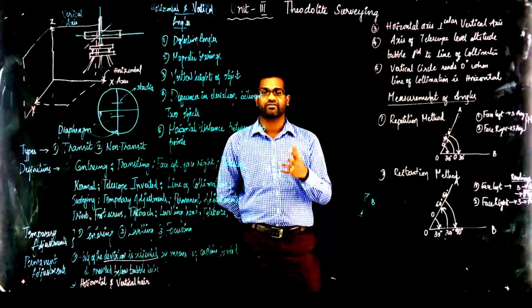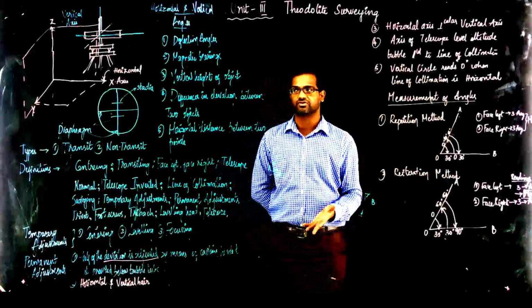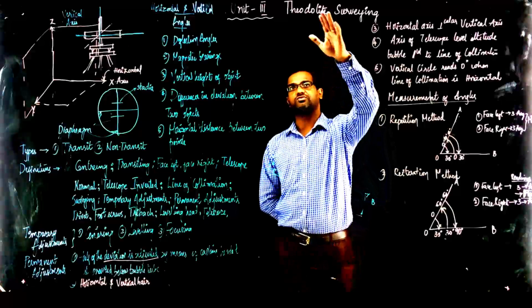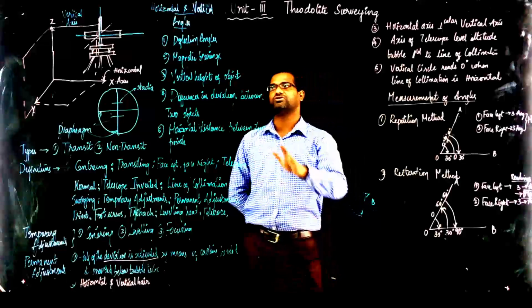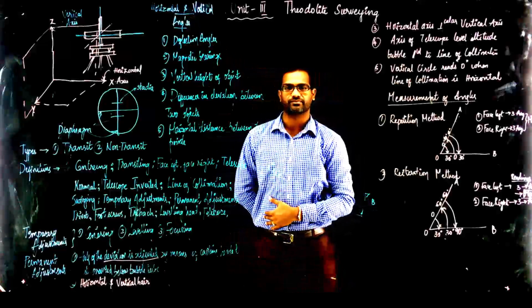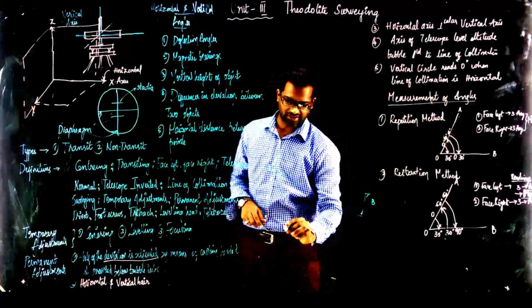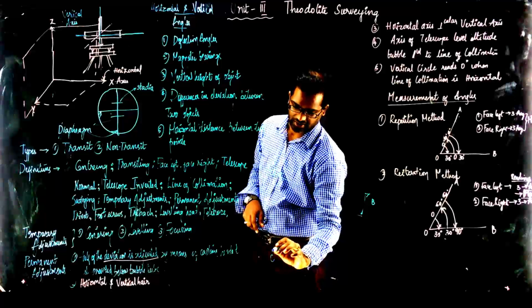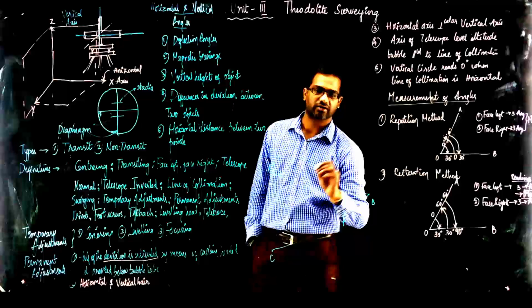So in order to rectify it, we use the natural principles of magnetism, so we have an instrument called theodolite, which is exclusively used to calculate horizontal and vertical angles. So if you have another point, say for example I got C here and I would like to calculate the angle from here to here.